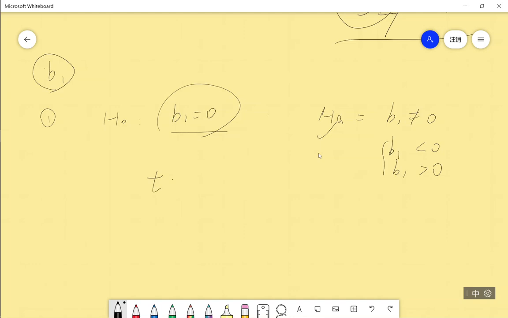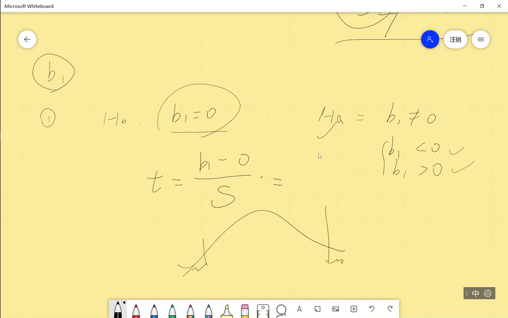So you calculate the t-value, using B1 minus 0 divided by the standard error, and you get a certain number, and you draw this distribution, which of course is two-tailed.